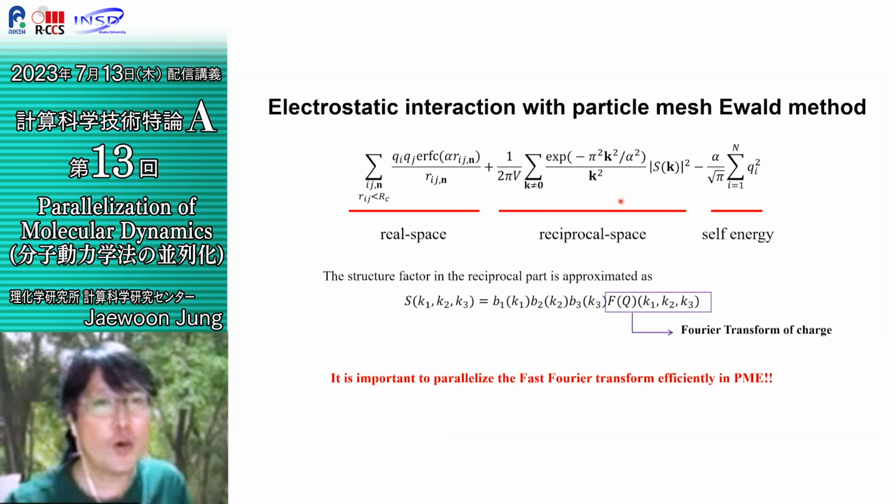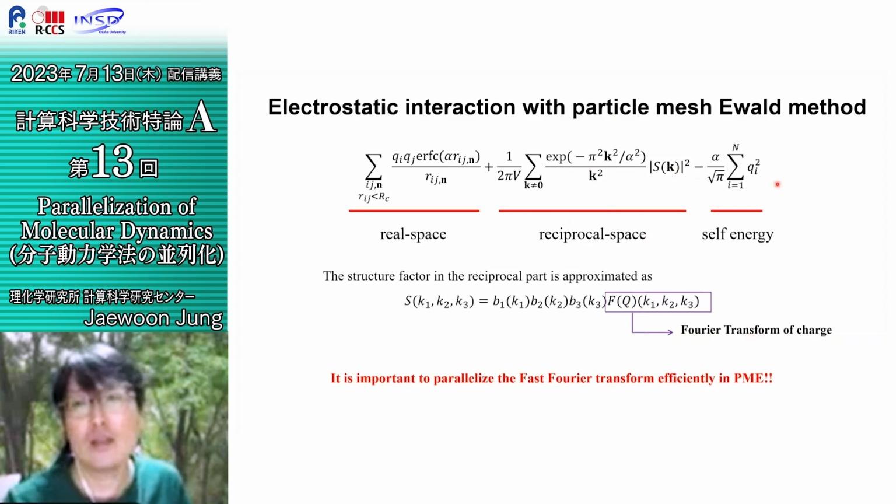As I showed in previous slides, the electrostatic interaction can be decomposed into three interactions. One is real space, in which we introduce a cutoff. The other is reciprocal space interaction, in which we change the charge data to grid values and perform fast Fourier transformation.